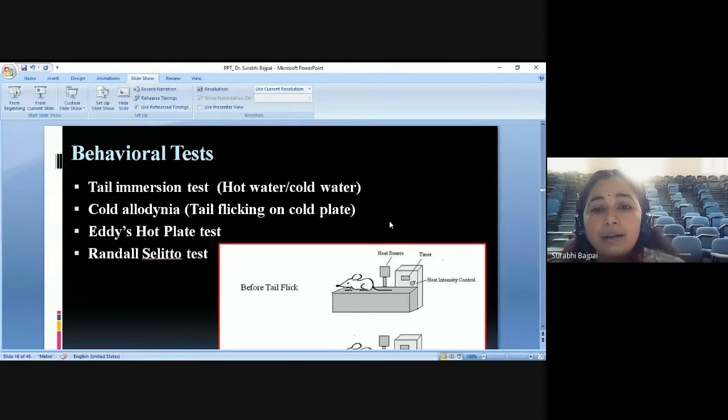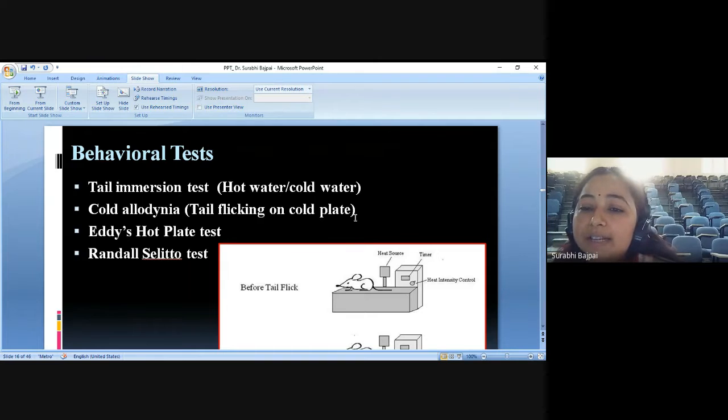Then our next task, and that was a bigger task, was how to confirm that diabetic neuropathy has been developed in the diabetic mice. We confirmed this with the help of certain behavioral tests. The tail immersion test, with hot water and cold water testing, was done.